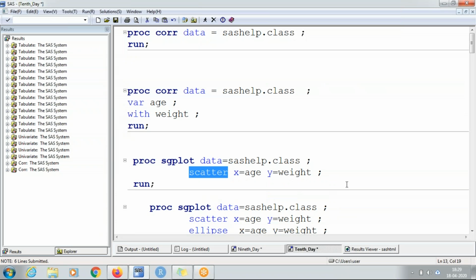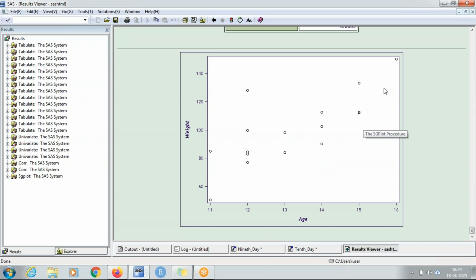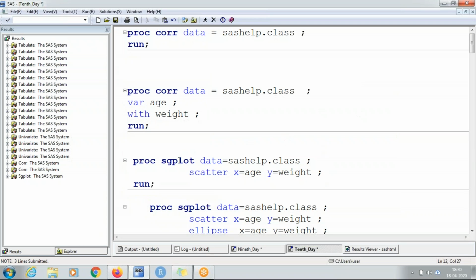So let's plot some graphs. So this proc SGPLOT, you know the scatter plot, right? This will show you scatter diagram. So the syntax is pretty simple. Proc SGPLOT, data is equal to data set name.